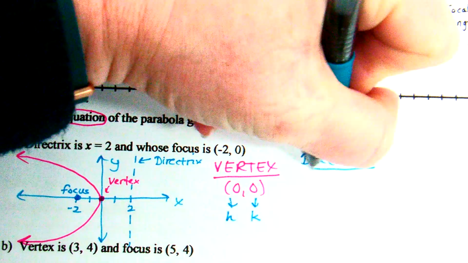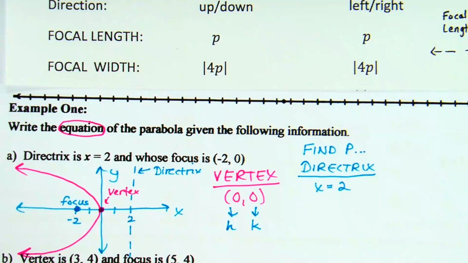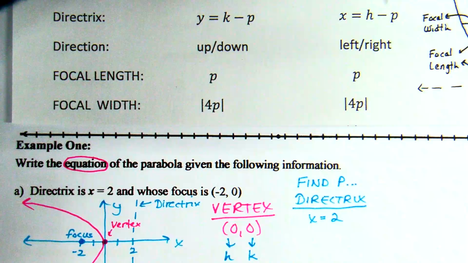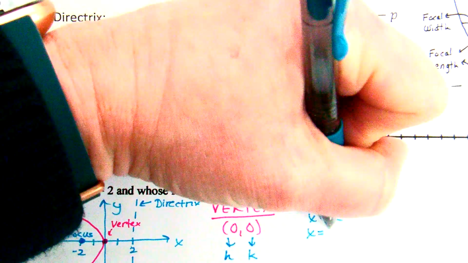We know our directrix is x equals 2. What's the equation up above say for the directrix? Now we're in the right column, so x equals h minus p.